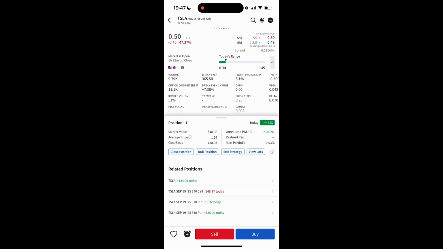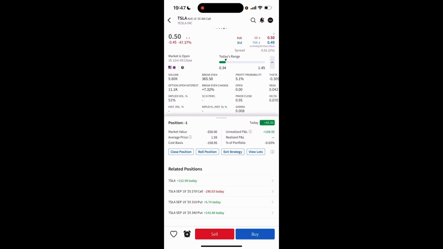And you can see now that the unrealized P&L is plus $109, and the average price or cost basis is 158.95. So the 160 that we sold, there was $1 or so commission there. So therefore, the cost basis of this position is 158. And we've already made $108, which is about what, 70-odd percent of the position in just over 24 hours.